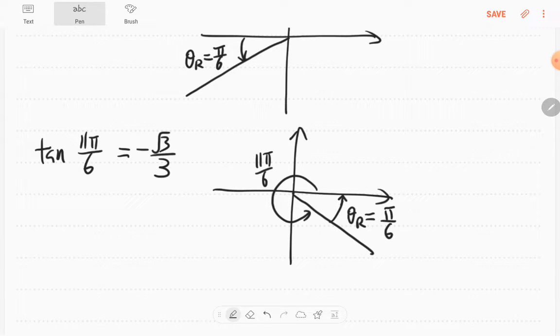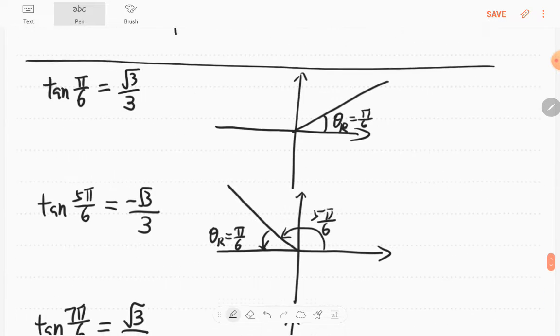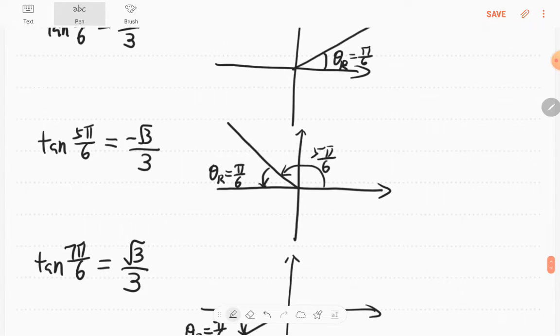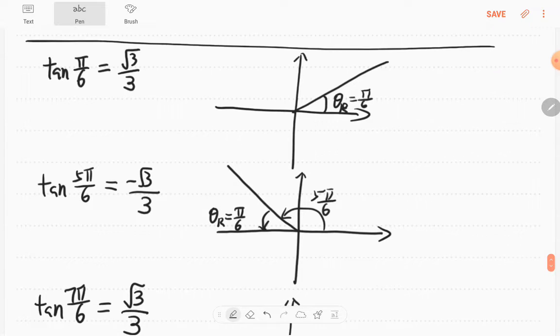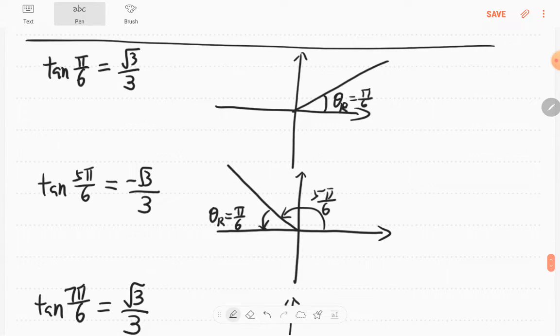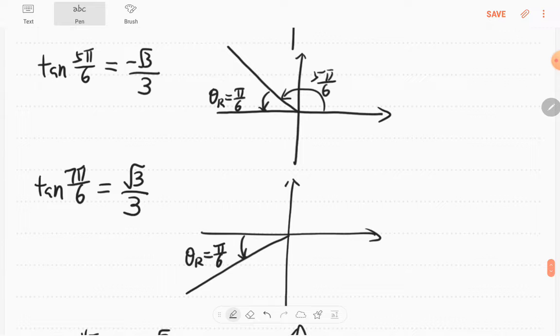So you can see that these 4, the only difference is plus or minus, right?